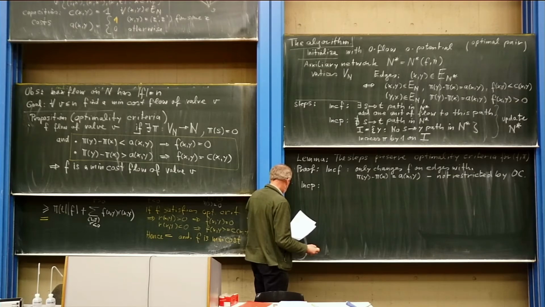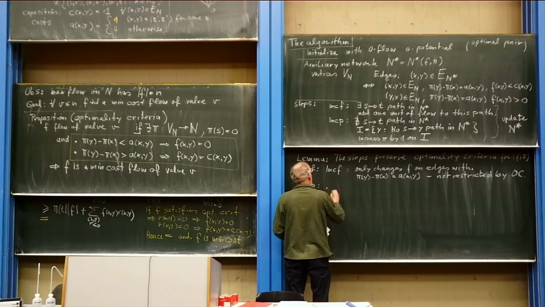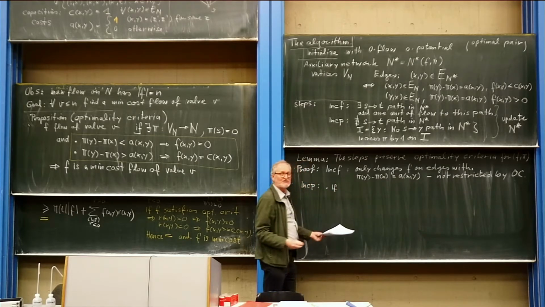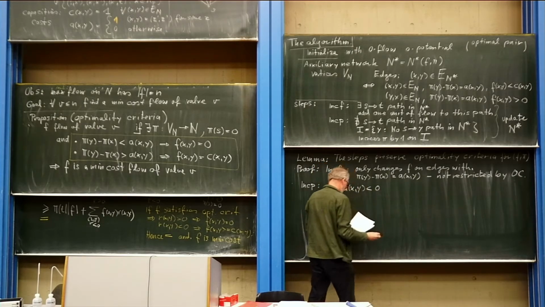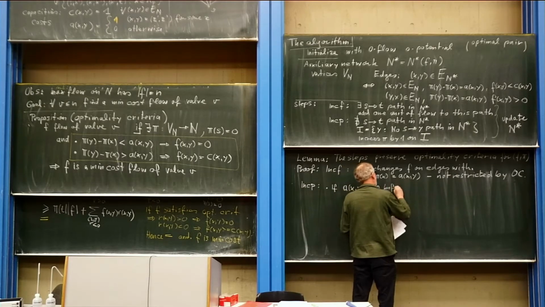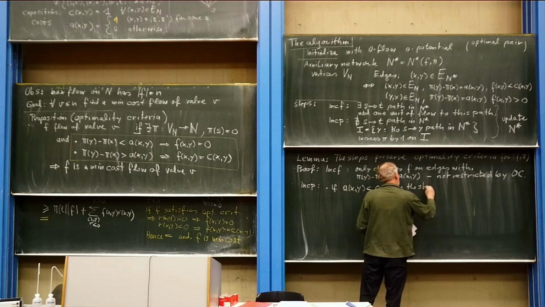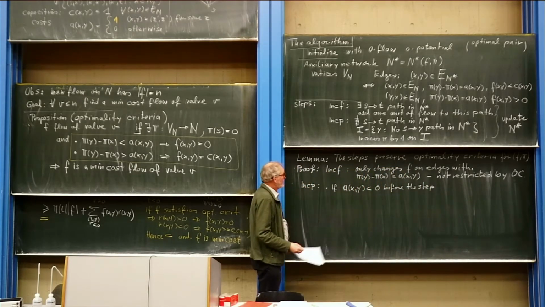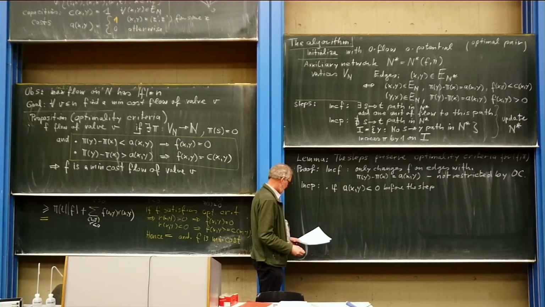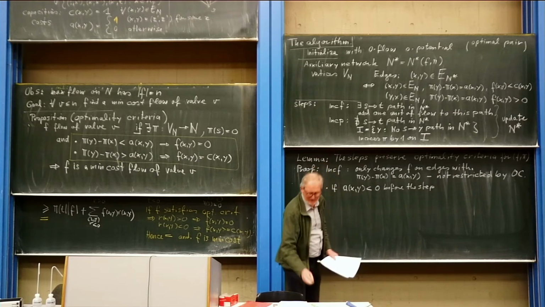So we distinguish three cases. We look at an edge with the property that the cost of a_xy is less than pi y minus pi x before this step. Actually, I'm not talking about 0 here.